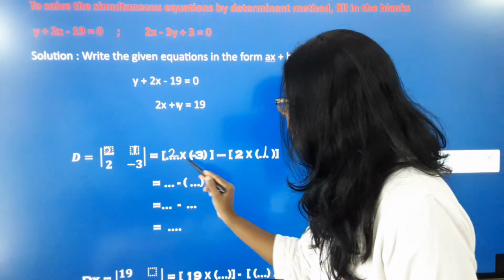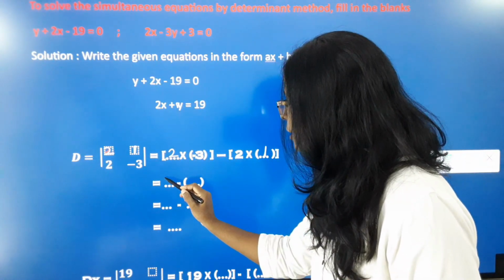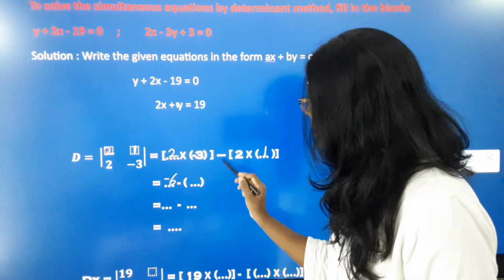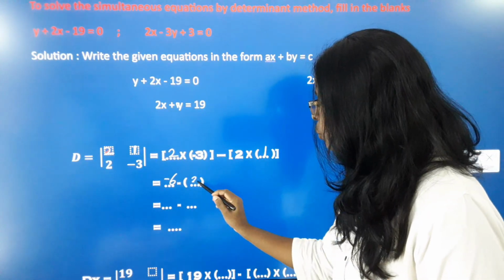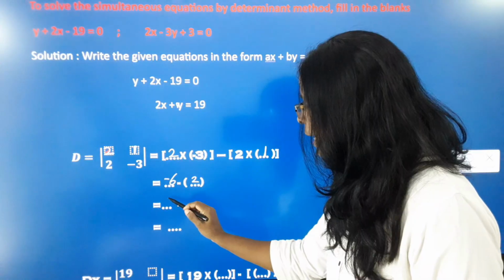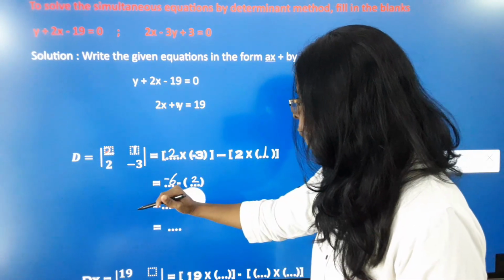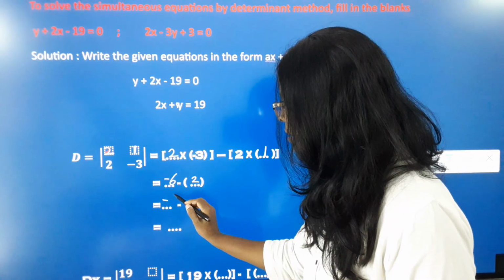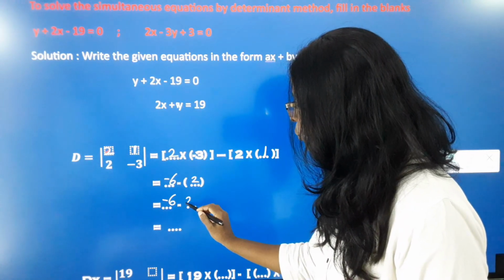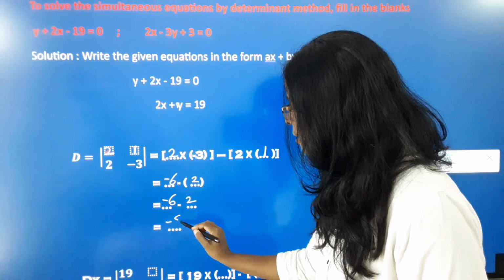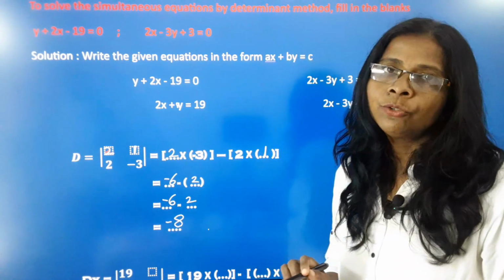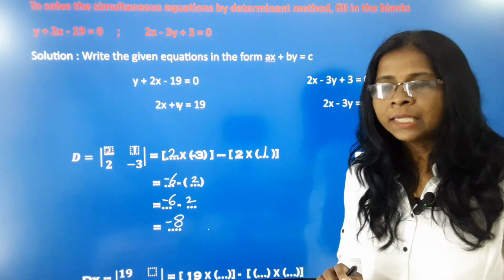So minus 6 minus 2, that means minus 8. So the value of the determinant is minus 8.